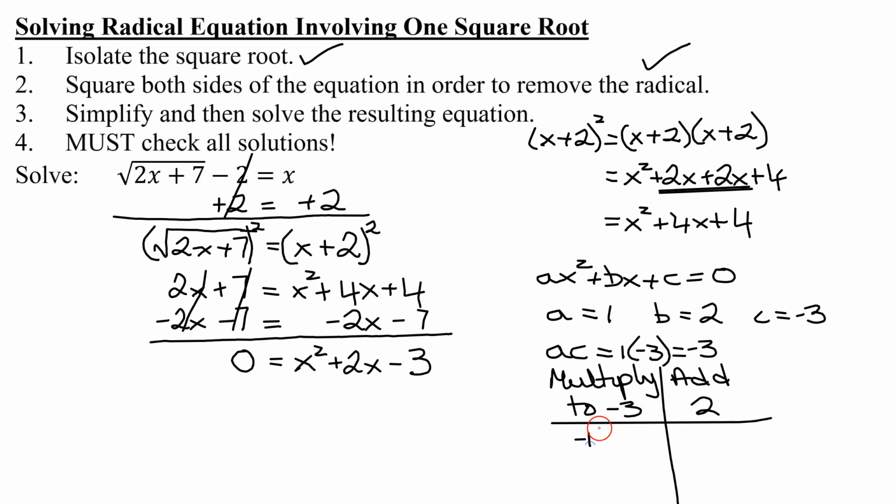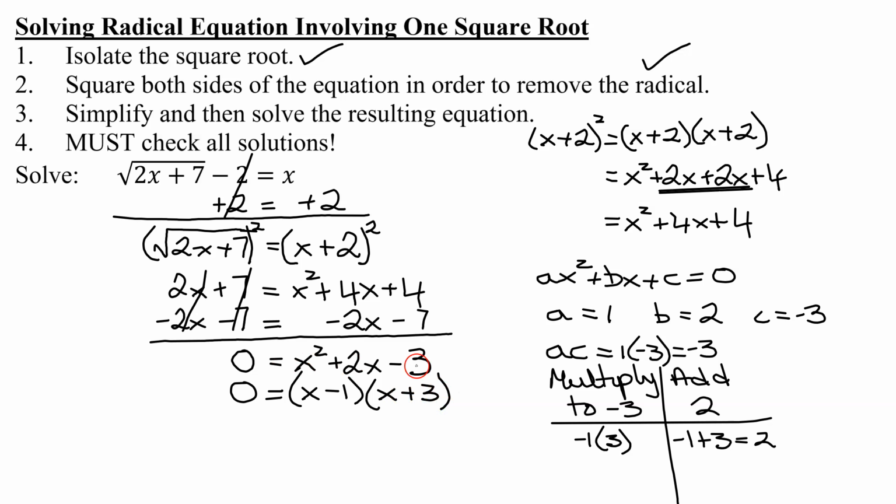Since they're going to multiply to a negative, the signs are different, and if they add to a positive, the bigger one has to be the positive. So I'm going to take -1 times +3. They multiply to -3. What's -1 plus 3? Oh, great, it's 2. That's the number I'm looking for. Since A was equal to 1, it means these are my two factors. So I'm going to have x minus 1 times x plus 3.